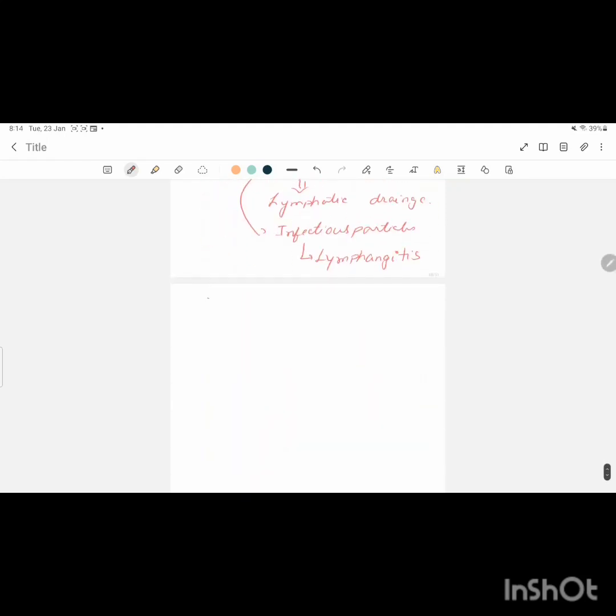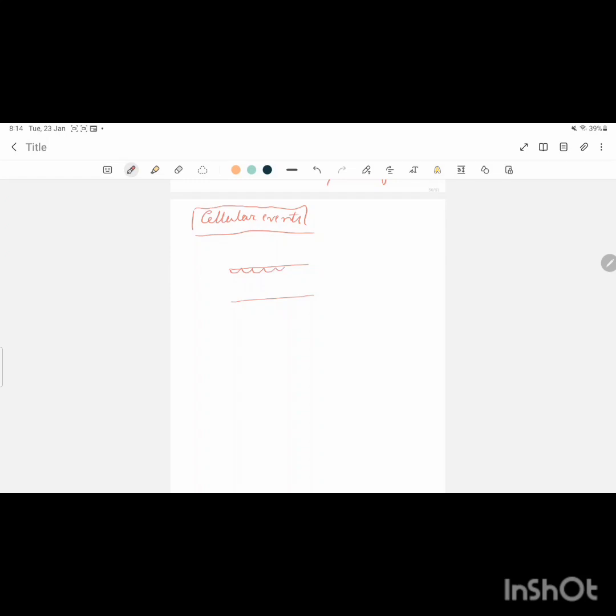Now, what are the cellular events? There are two types of killing of bacteria. Let me draw a blood vessel. These are the endothelial cells.